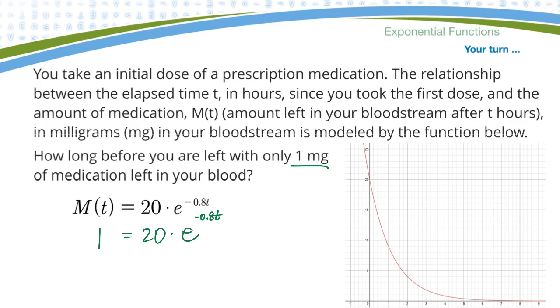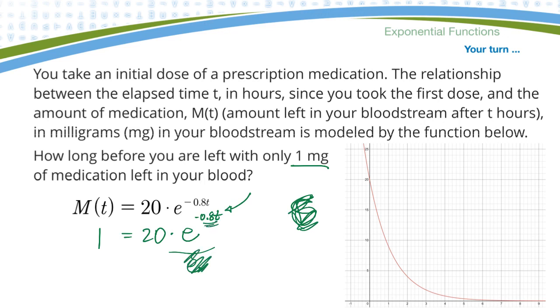Our problem is we don't have any tool, unless you've taken exponents and logs, that I can use to get at that t. Some of you maybe have tried a square root or something, but there's no tool that we've learned so far that is able to get you to that t. You can't divide by e to get rid of that because this isn't an exponent.